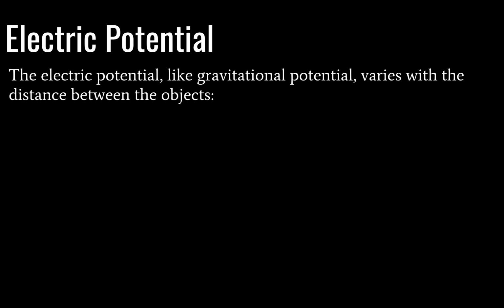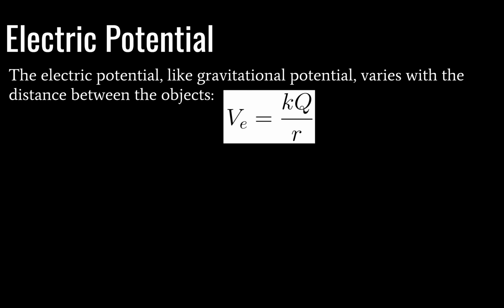Once again, electric potential will vary by the distance between the objects, where electric potential is equal to Coulomb's constant times the charge of the larger object about which we are trying to measure the field divided by distance between the two objects.